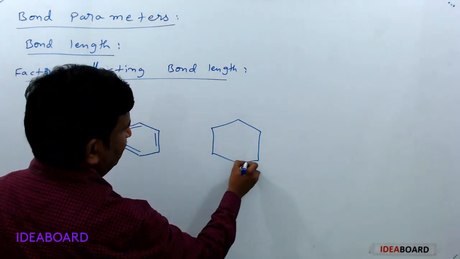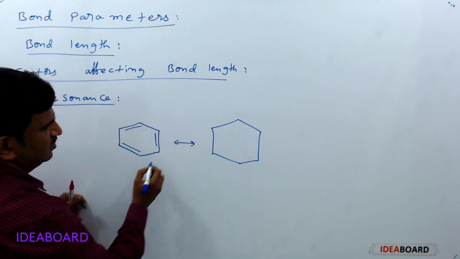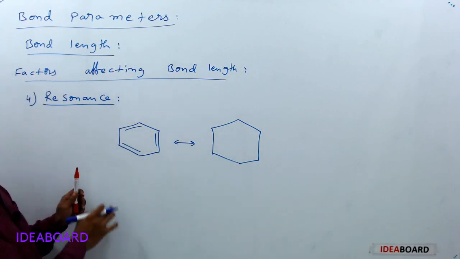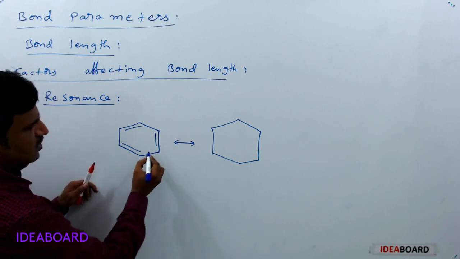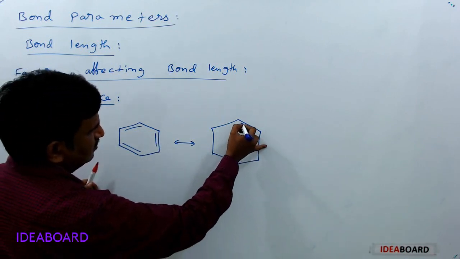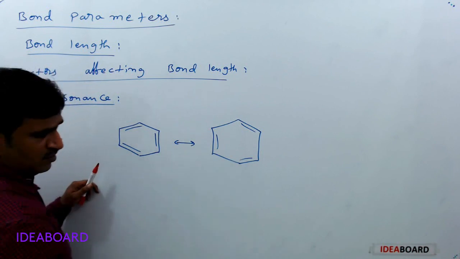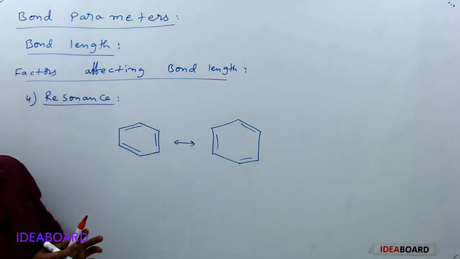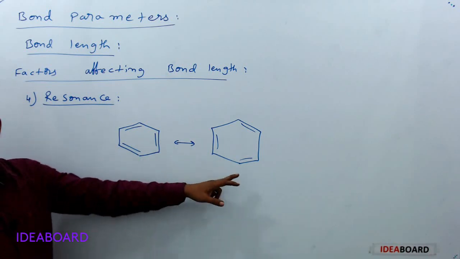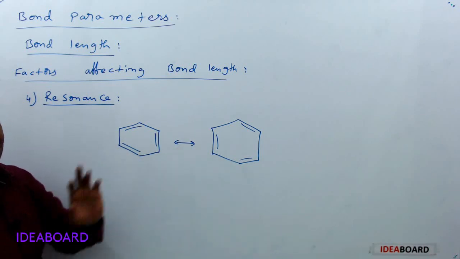Benzene has two resonance structures. The properties of benzene are not explained with a single structure, so we take two resonance structures. Here this double bond becomes a single bond, and so on. These are the resonance structures, also called canonical structures of benzene.